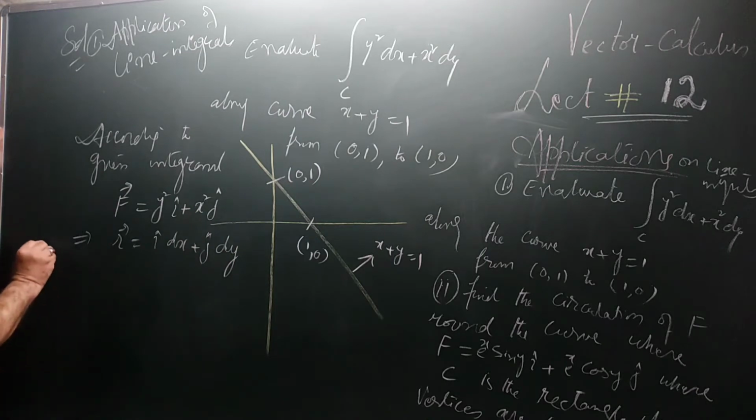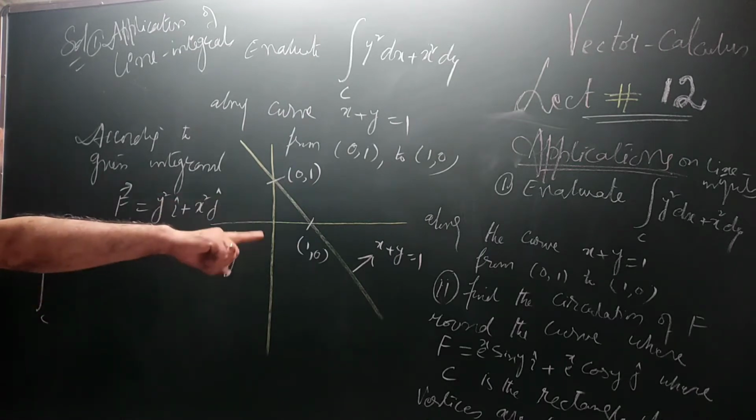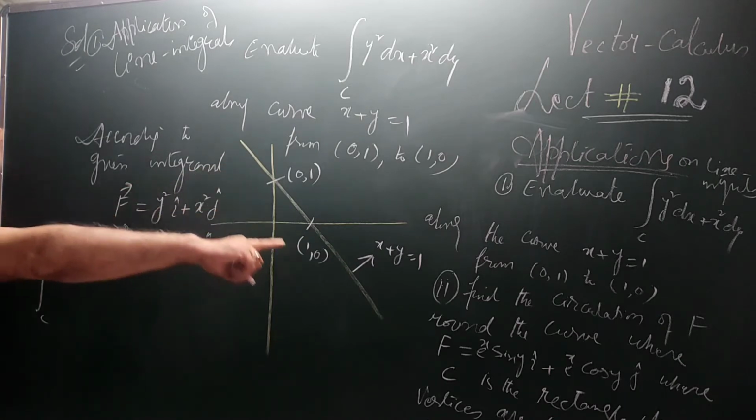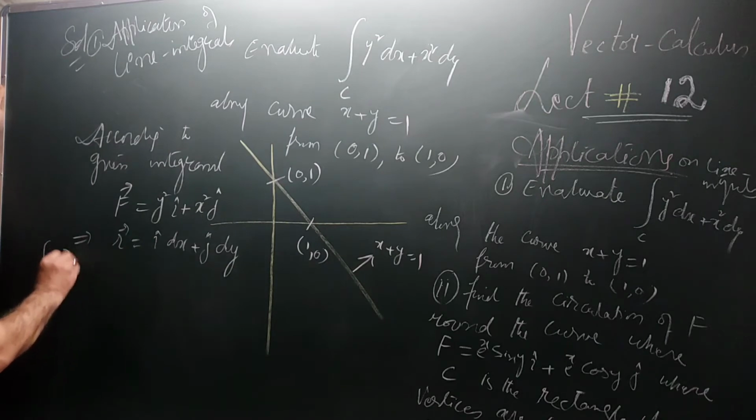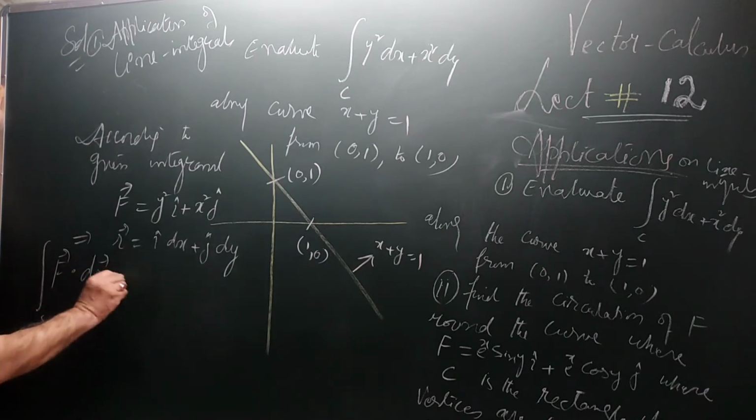Now you have to find the line integral over our curve, which is a straight line. Integral over C of f dot dr we have to find out.